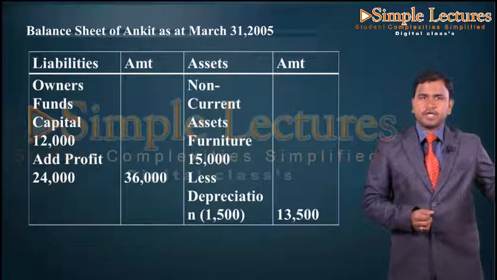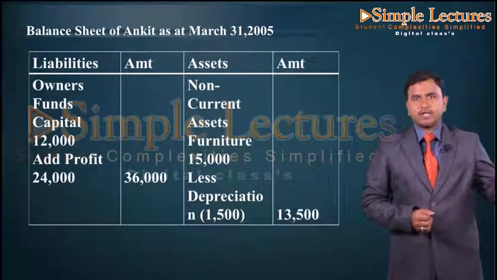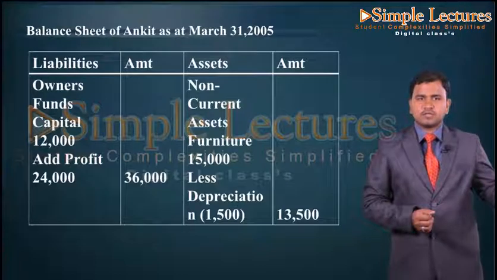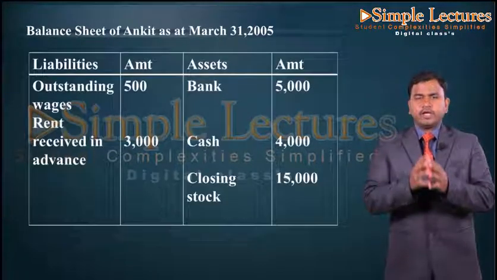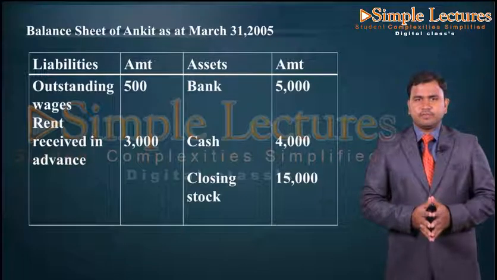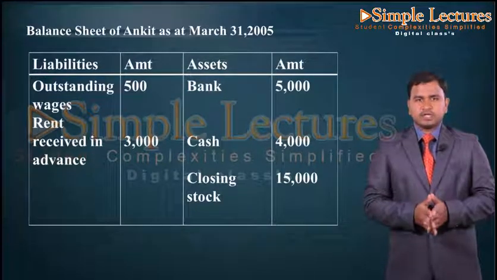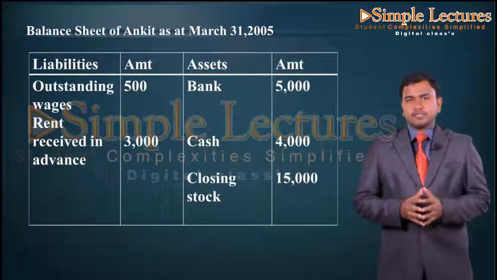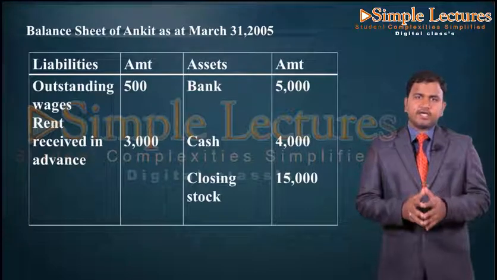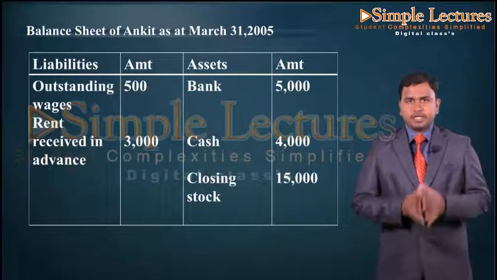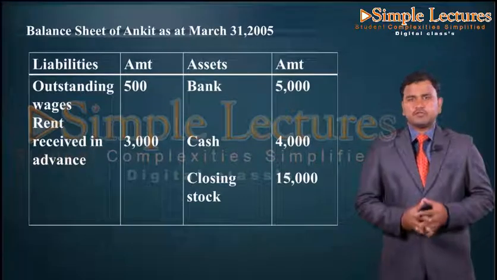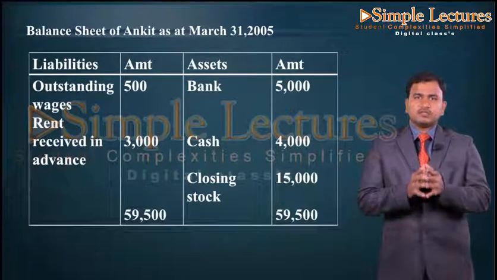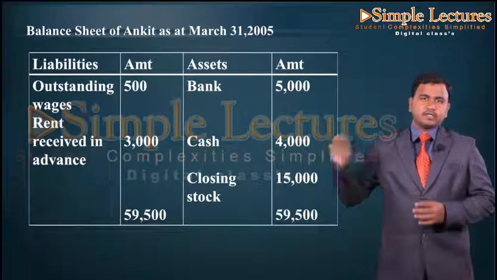So capital we had 12,000, add net profit 24,000, and the outer column will be 36,000, and the total of the balance sheet will be equal for both sides. After considering the depreciation on the asset side and net profit on the liability side, we tally the balance sheet, where the total for both sides is 59,500 for liabilities and the same 59,500 for assets.